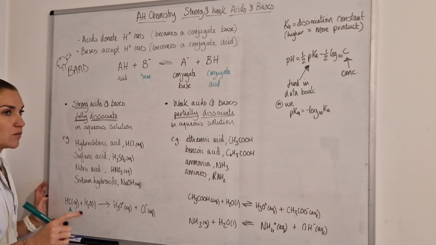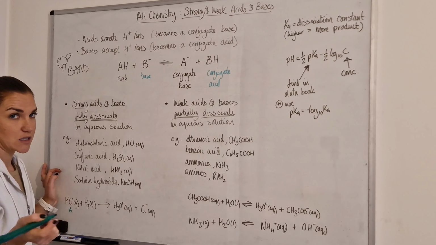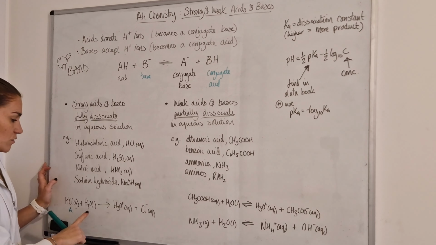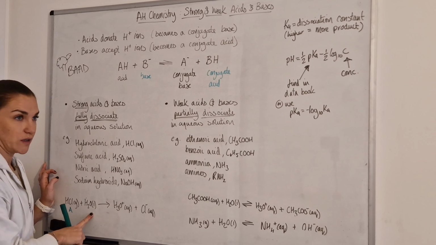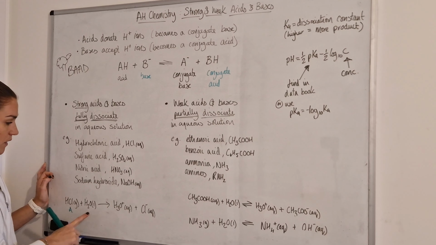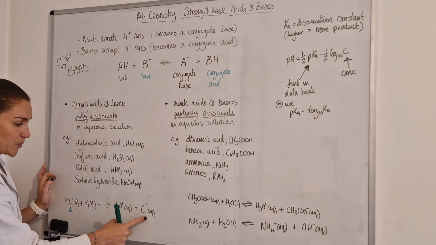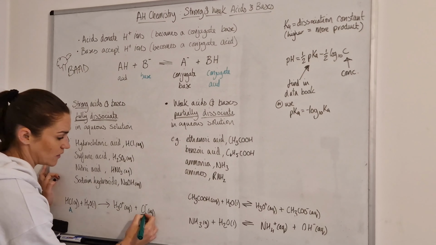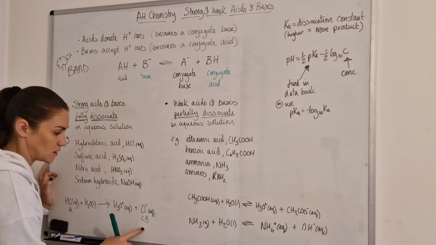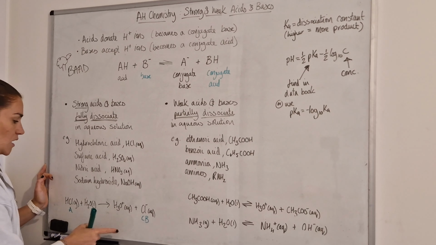So remember, water can act as a base or an acid. It's quite flexible in that way. Again, if you want more detail on that, don't forget to have a look at my introduction to pH video. So this was our acid. It's then lost a proton and become this. So that's our conjugate base.